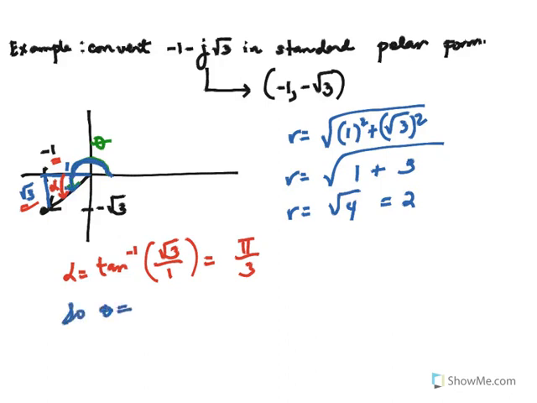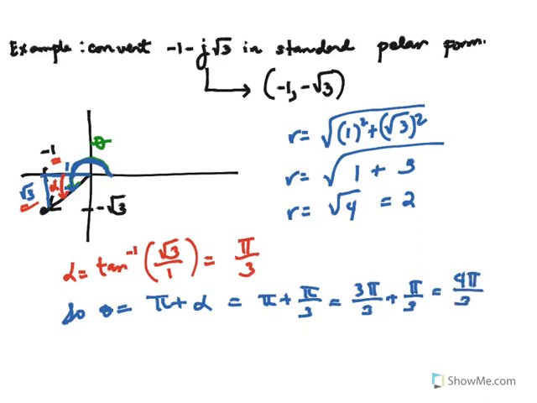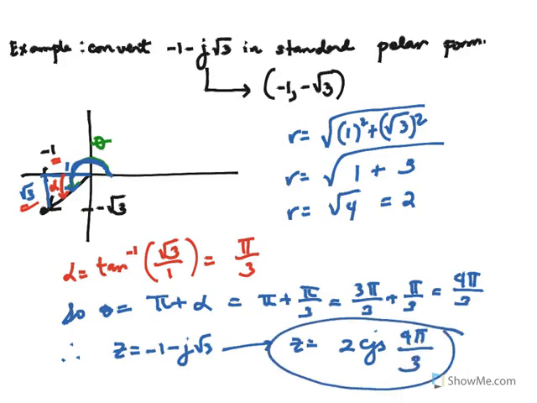So, theta is equal to pi plus alpha, or that will be pi plus pi over 3. So that's 3 pi over 3 plus pi over 3, or that's 4 pi over 3. Therefore, z equals negative 1 minus j square root of 3 can be written as z equals 2 CJS 4 pi over 3 in standard polar form.